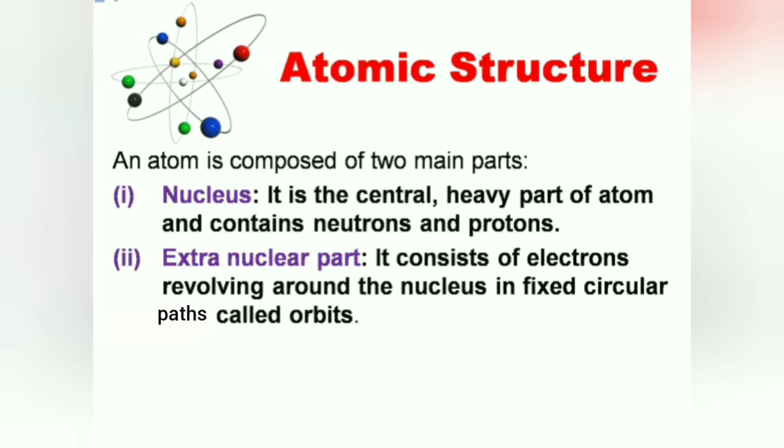The nucleus is the central and heavy part of the atom which contains neutrons and protons. As neutrons are neutral and protons are positively charged, so the overall charge on nucleus is positive charge. The extranuclear part consists of electrons which revolve around the nucleus in fixed circular paths called orbits or energy shells.